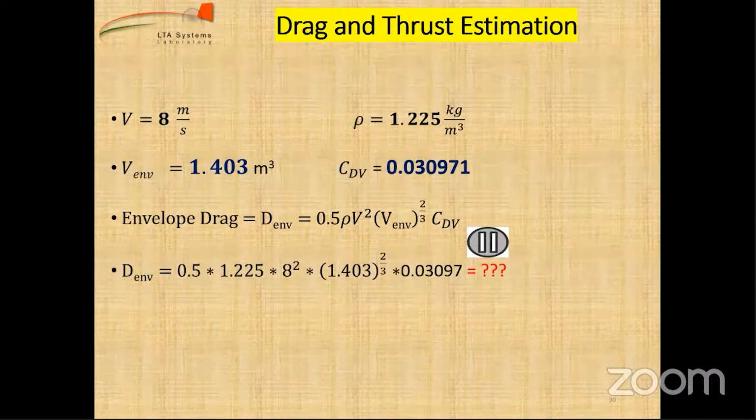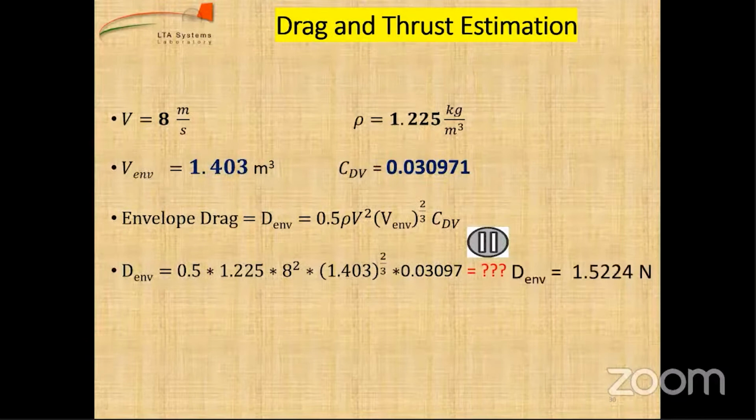Remember the formula for calculating the drag of the envelope. When we are using volumetric drag coefficient, it has to be volume power 2 by 3. 1.5214. 1.5224 Newton. The third decimal may change, but the answer we have obtained is 1.5224 Newton.